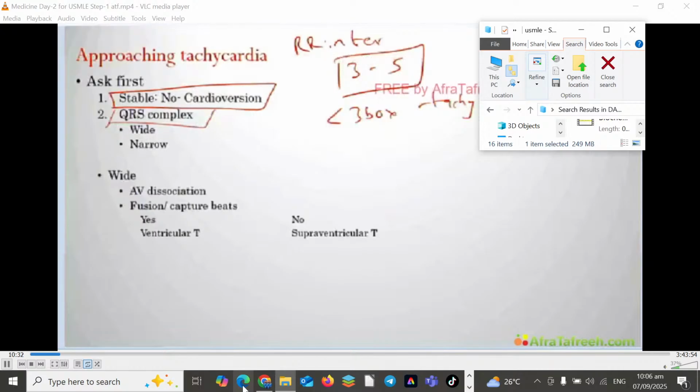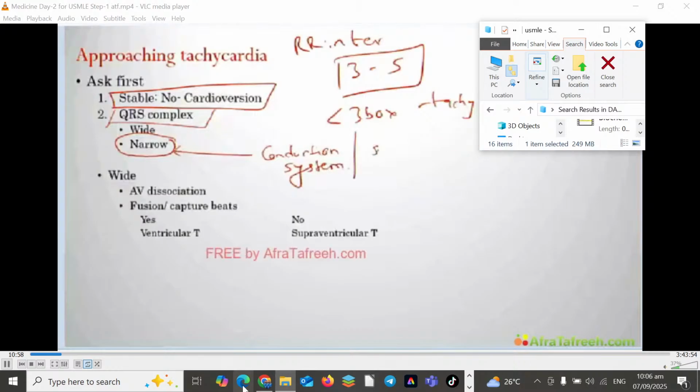If the QRS complex is narrow, this came to the ventricle via the conduction system. Simple and straightforward. If the QRS is narrow, it came through the conduction system. That means it is a supraventricular rhythm.